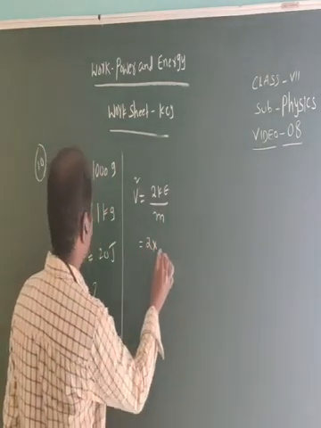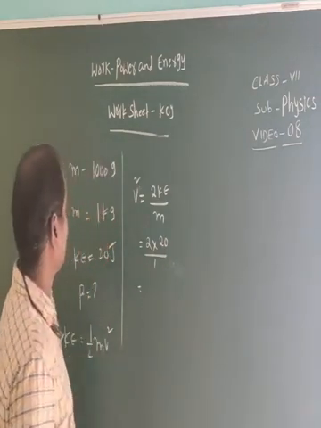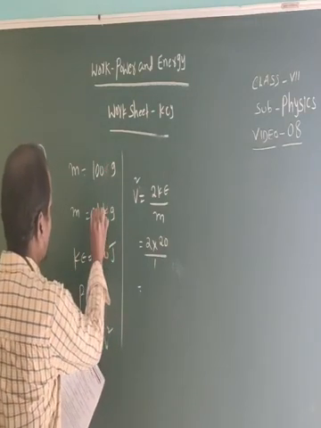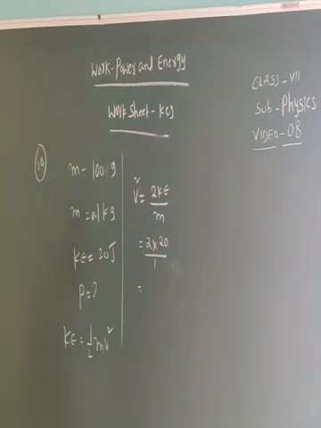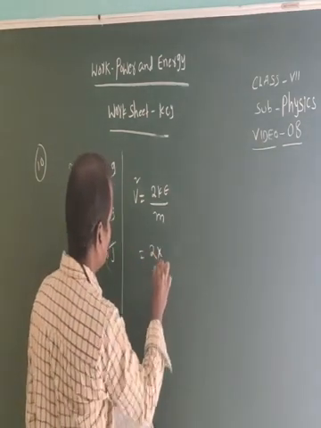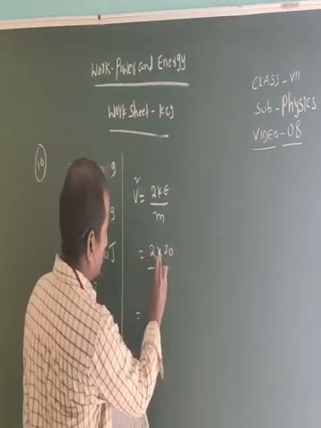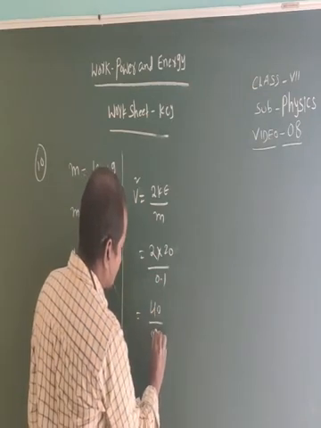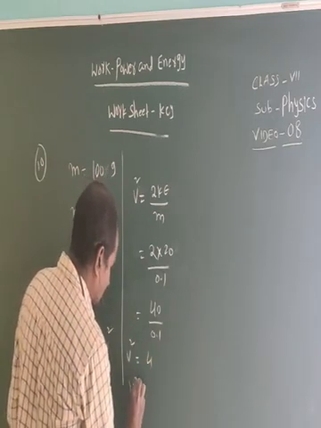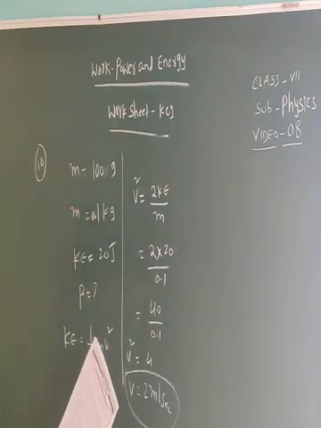That is 2 into 20 by 0.1, which is 40 by 0.1, equal to 400. Mass is 100 grams, that equals 0.1 kg.